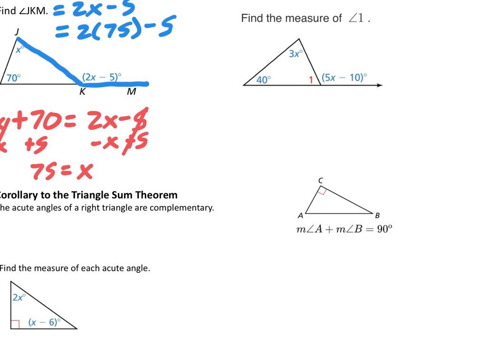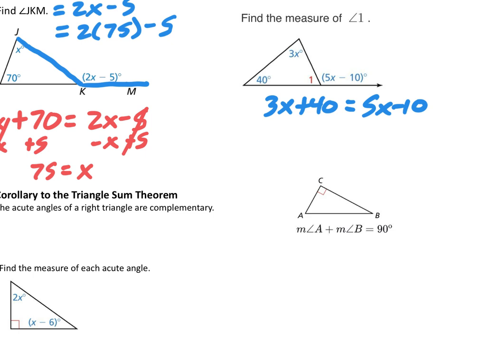All right, so what do we know about these two expressions, 3x and 40? What are we going to do here? What's my equation going to look like? 3x plus 40 plus 5x minus 10. Perfect, good. 3x plus 40, because those two are on the inside. We're going to add the two remote interior angles, the two interior angles that are the furthest away from 5x minus 10, equals 5x minus 10.